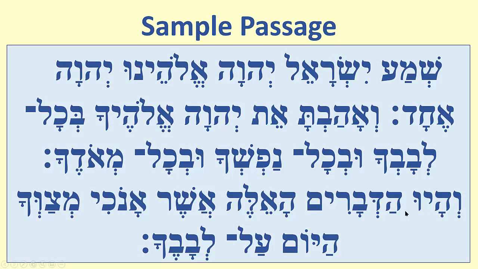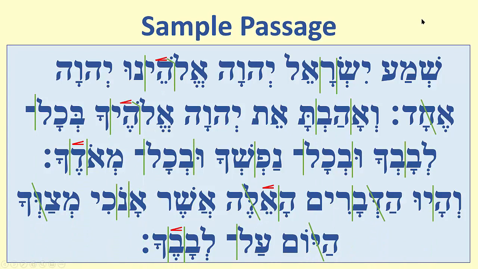Okay, so now that we've talked about Dagesh and syllables and Schwa and stress, we can now look at an example text. This is from the Shema passage in Deuteronomy 6, verse 4 and following. And I'm going to insert the syllable breaks into the text, and I'm also including an accent symbol if the word has penultimate accent.